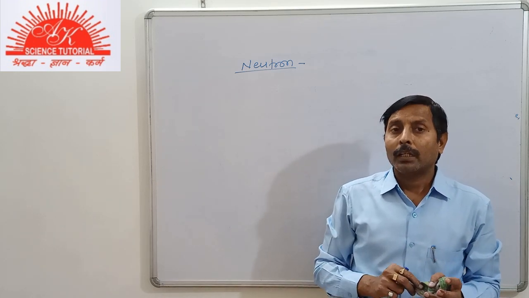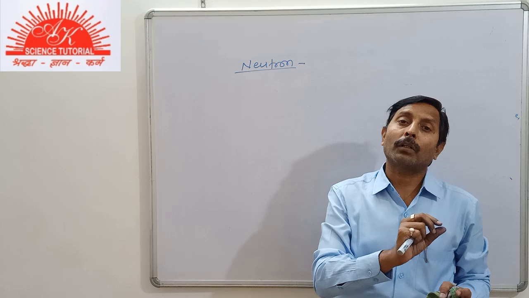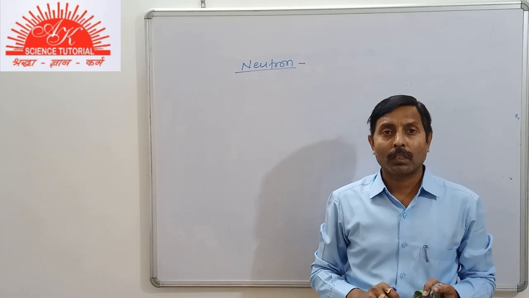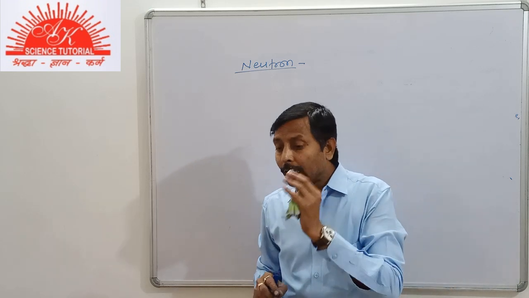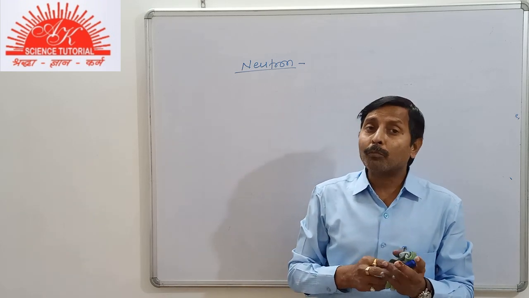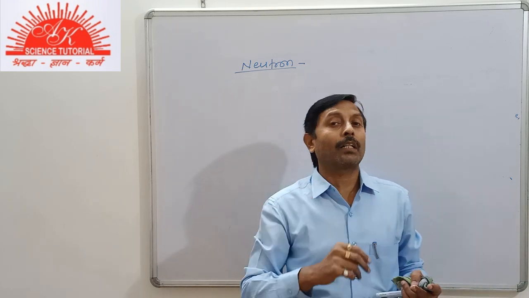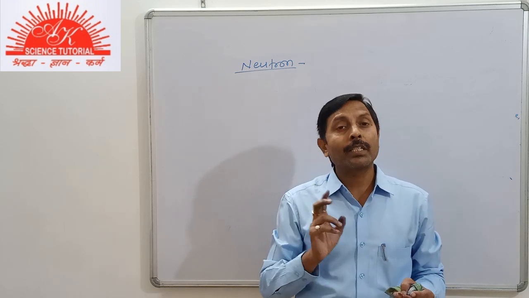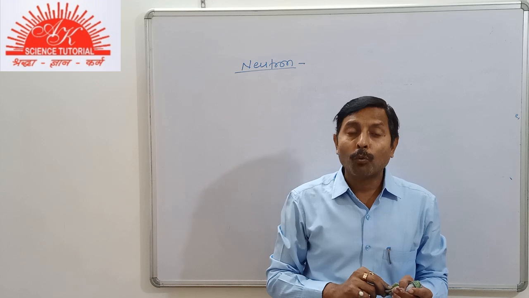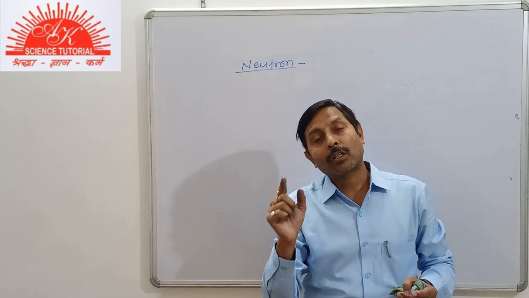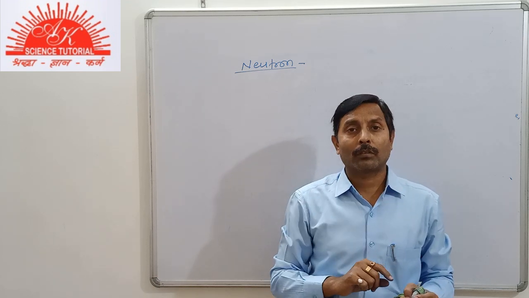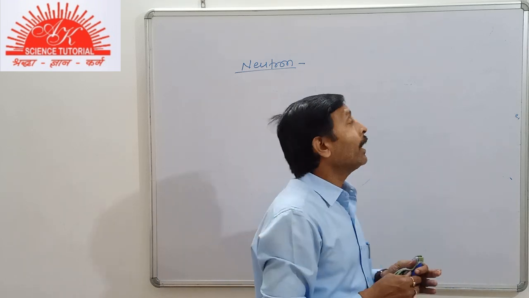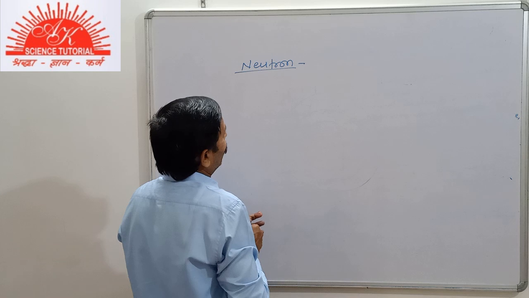But it is found that the mass of a helium atom is 4 amu. It was clear now that there must be another particle in the atom which will have no charge, meaning neutral, but will have mass equal to that of the proton. Since it was electrically neutral, hence the name given was neutron.